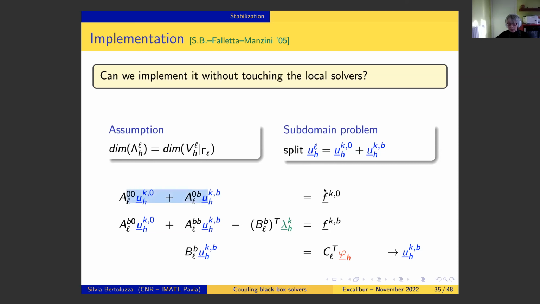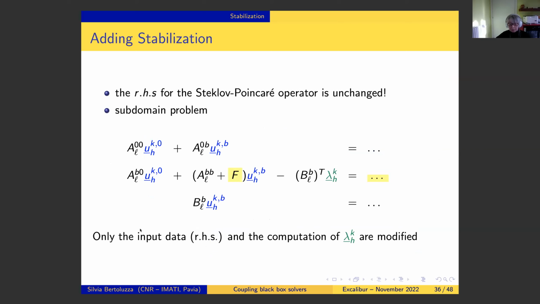And then I can solve the first equation, which is not touched by my stabilization, and then retrieve the multiplier. Turns out I managed to implement this as a post-processing. So the implementation is such that I can use my original Babuška-Dirichlet solver as it is, and account for the effect of the stabilization in a post-processing step.